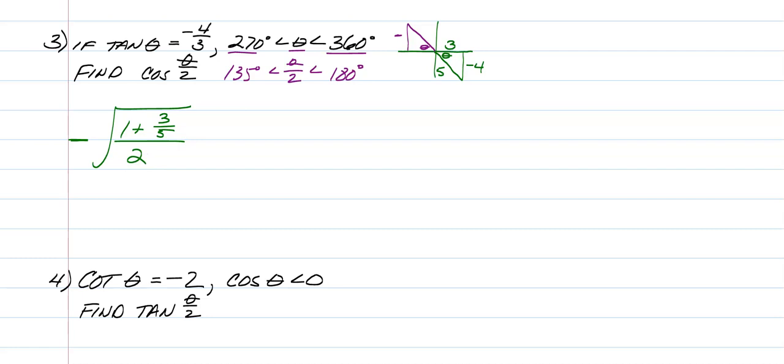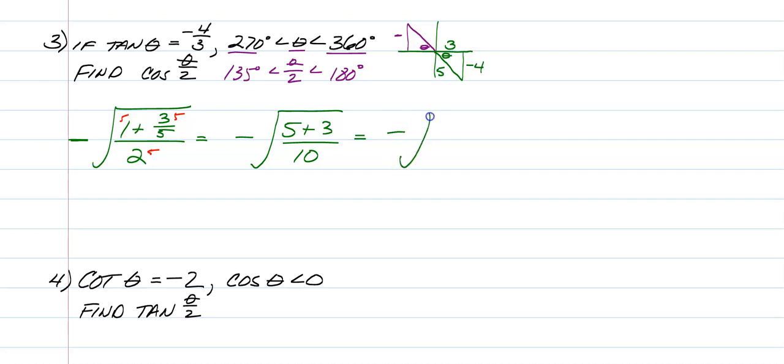Let's get rid of the denominator. So we're going to multiply everything here by 5. And that's going to give us a negative square root of 5 plus 3 all over 10, which of course will simplify to 8/10, which we can reduce to 4/5.